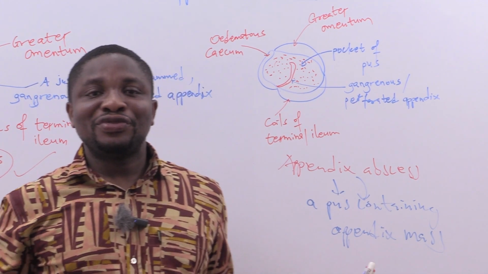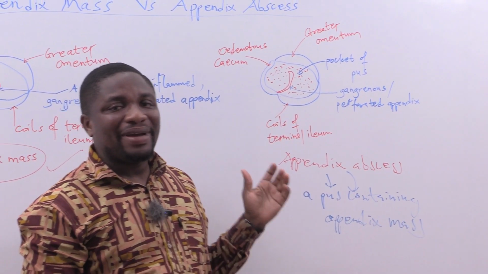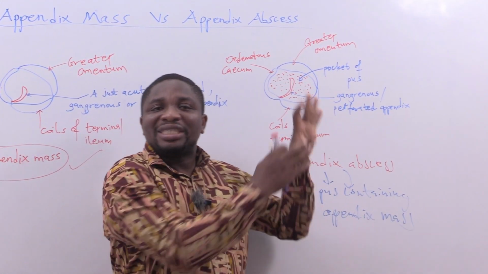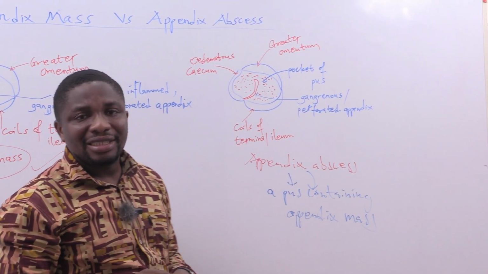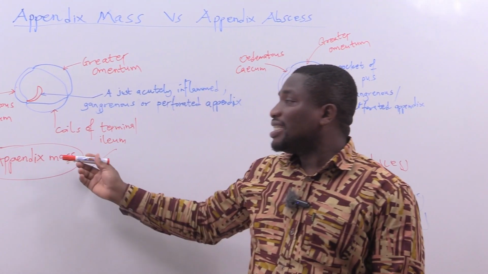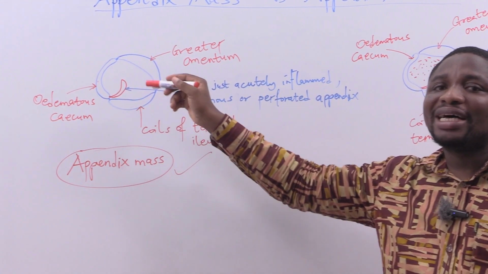The structure is the same as the appendix mass, but within it there's a pocket of pus. If you take a look at the appendix mass, there's no pocket of pus in there.